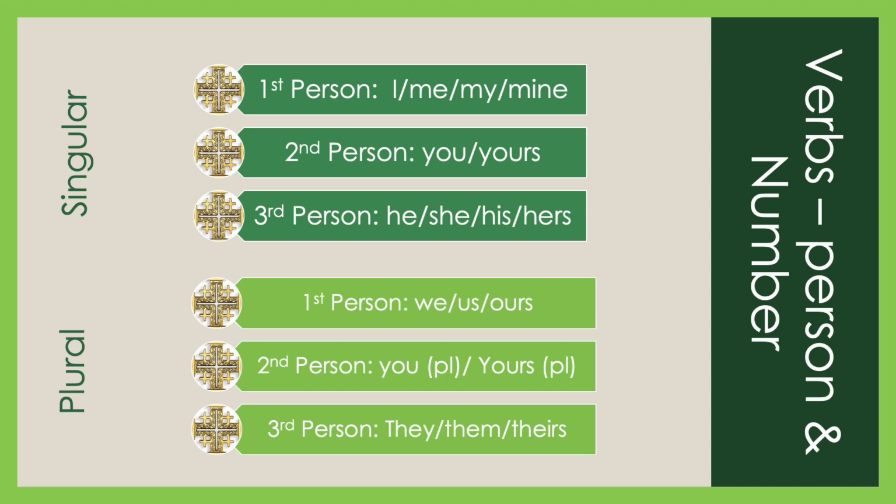Now in English we don't have different words for this, whether it's singular or plural, it's still you or yours. But in Greek you'll see there's a difference between you singular and you plural, as there are in many languages. The third person singular is he, she, his or hers. And the third person plural we would translate with things like they, them, or if it belonged to somebody, theirs.